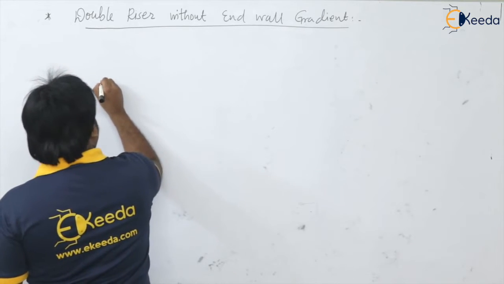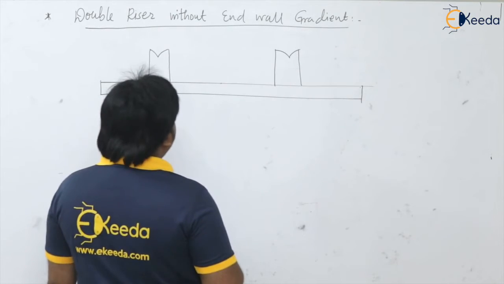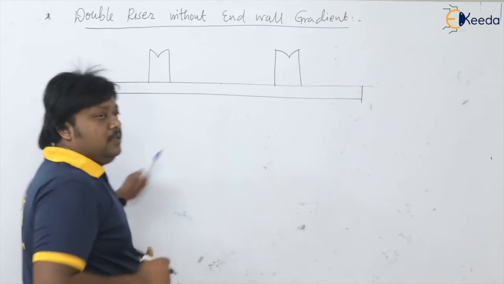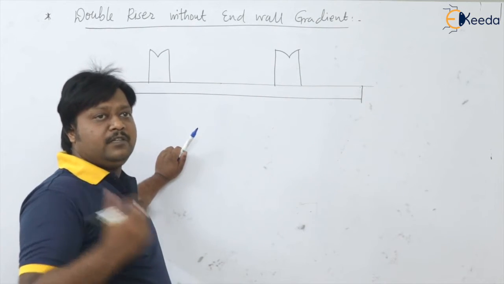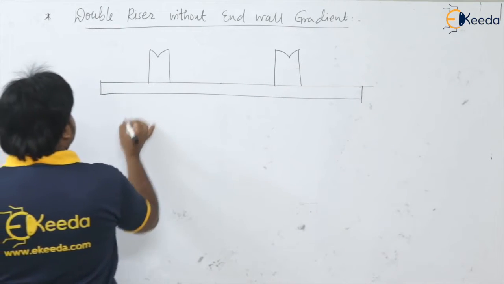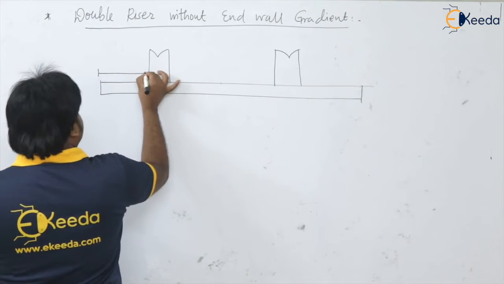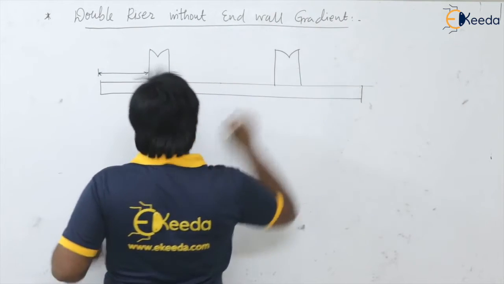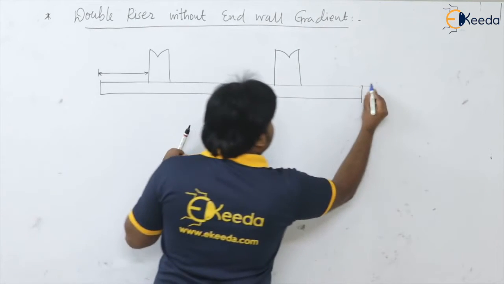I will draw the diagram here. Okay, so these are the two risers feeding this plate or disc, having definitely very large area by volume ratios. In this case, from the edge of the riser, and this is the end wall. Without end wall gradient means I have to insulate this, isn't it?